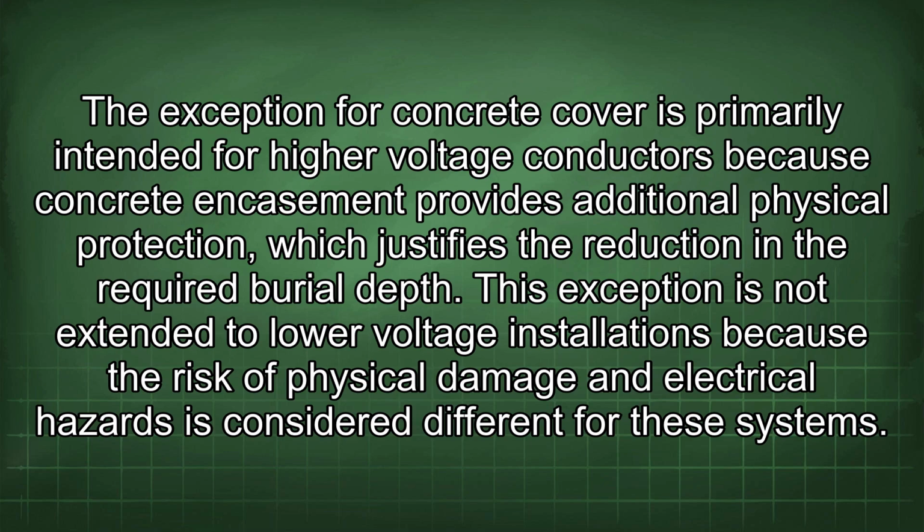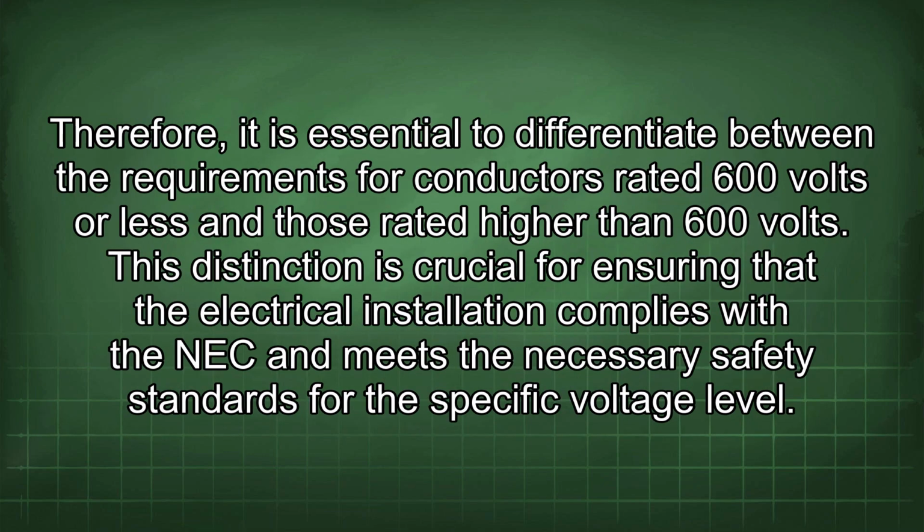The exception for concrete cover is primarily intended for higher voltage conductors because concrete encasement provides additional physical protection, which justifies the reduction in the required burial depth. This exception is not extended to lower voltage installations because the risk of physical damage and electrical hazards is considered different for these systems. Therefore, it is essential to differentiate between the requirements for conductors rated 600 volts or less and those rated higher than 600 volts.